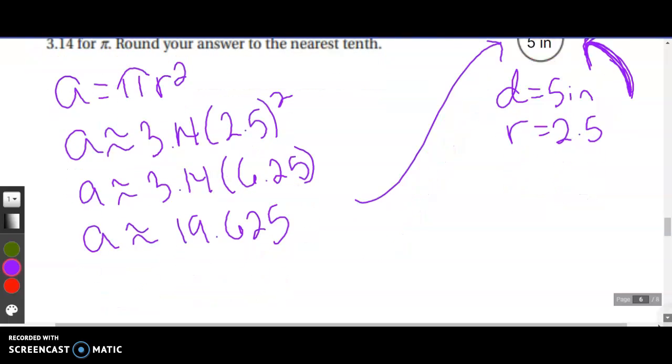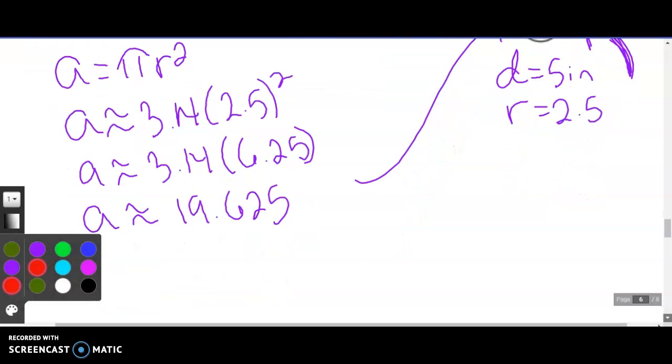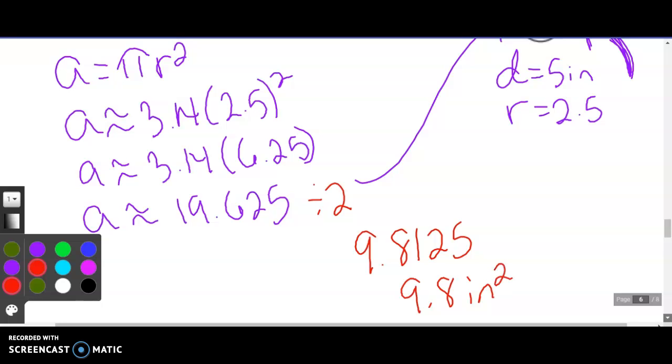This is half of a circle. So now what I'm going to do is I'm going to divide this by 2, and I'm going to get 9.8125. They want us to round to the nearest tenth, so 9.8 inches squared.